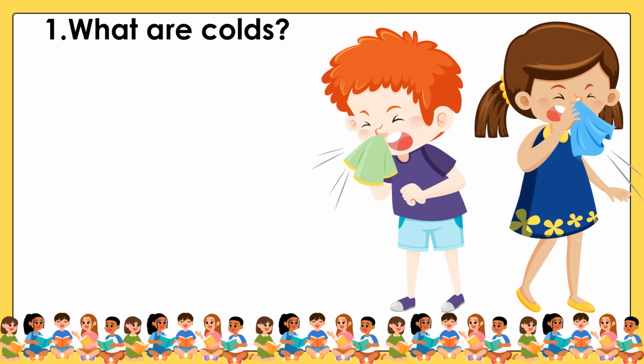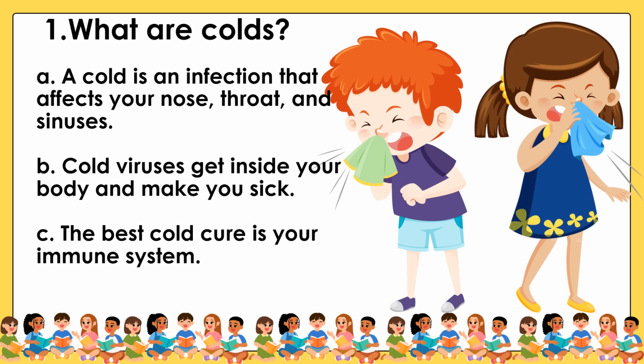So here are the questions that we need to answer. Number 1. What are colds based on the article? A. A cold is an infection that affects your nose, throat, and sinuses. B. Cold viruses get inside your body and make you sick. C. The best cold cure is your immune system.